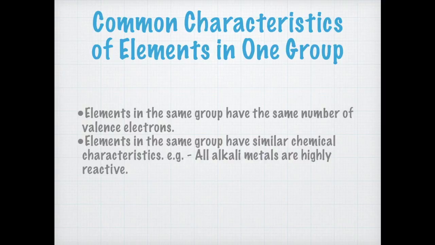That's an example. The second characteristic is that the elements in the same group have similar chemical characteristics. All alkali metals are highly reactive. That's an example. All alkali earth metals are quite reactive. They are highly reactive, but not as reactive as alkali metals. So they have similar chemical characteristics, and they have the same number of valence electrons.